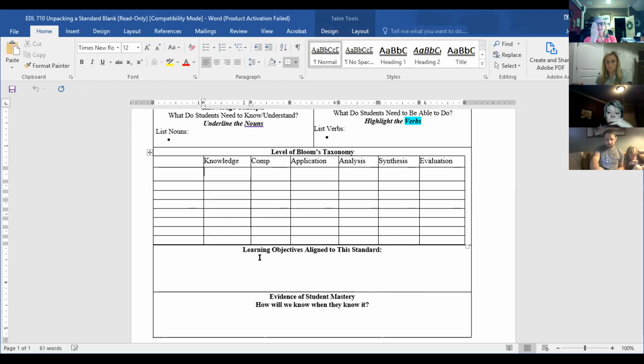Those are three separate concepts, okay? It's not just one, it's three. So if I chose that as my standard, I should have three learning objectives because there's three different concepts being taught.